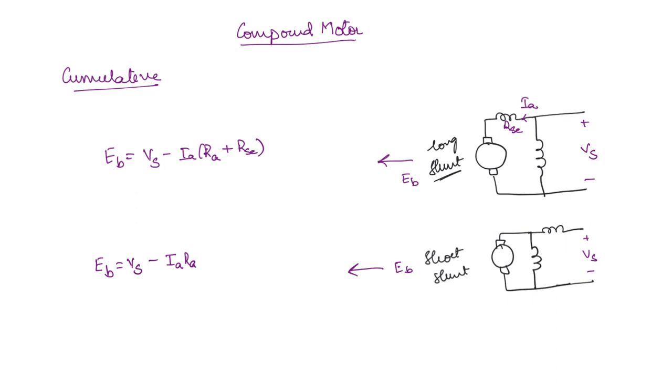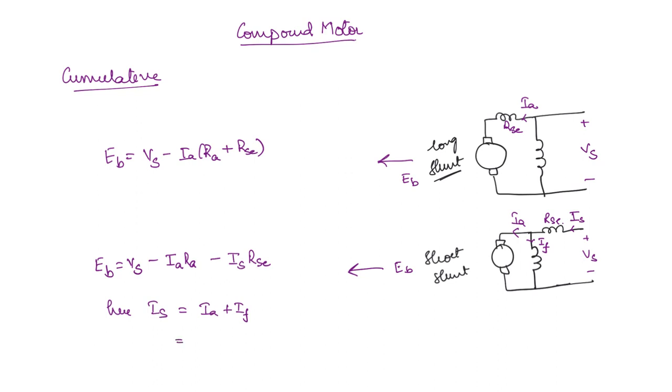Now here the current is not IA. This is IA, this current is the field current IF, and this is the supply current IS. So this is going to be minus IS into RSE. But IS is equal to IA plus IF.